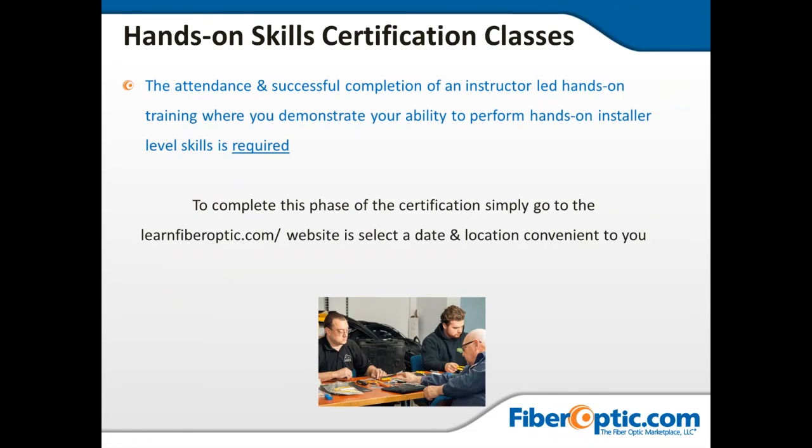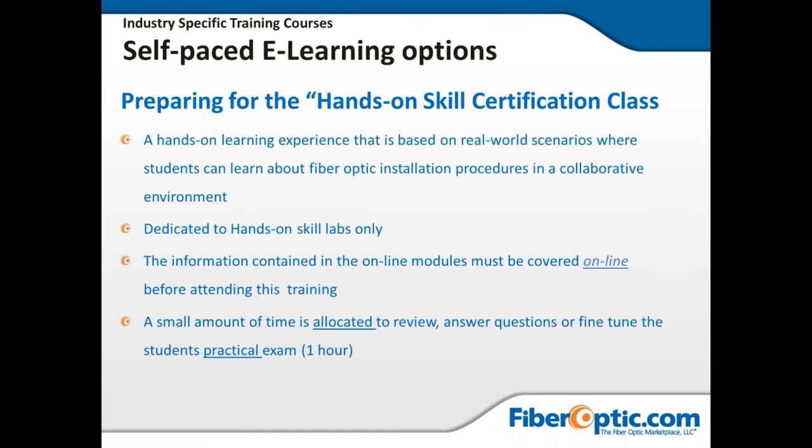Now, the attendance is required to get the certification. And to actually schedule it, you can obviously call us or go to the Learn Fiber Optic and schedule it close to where you need to be. Now here's some more details.